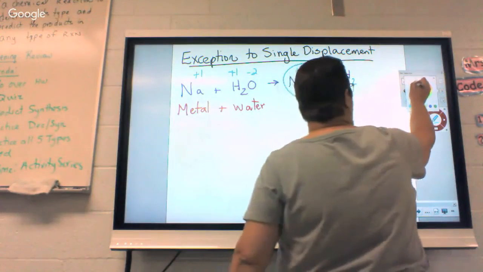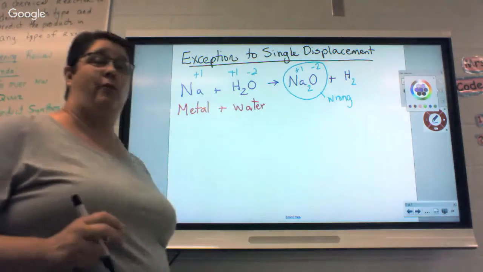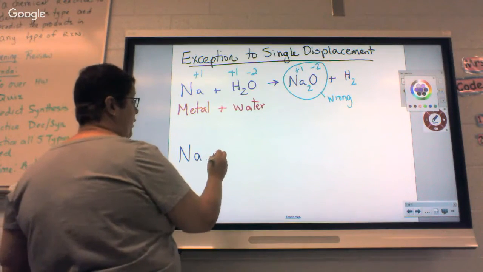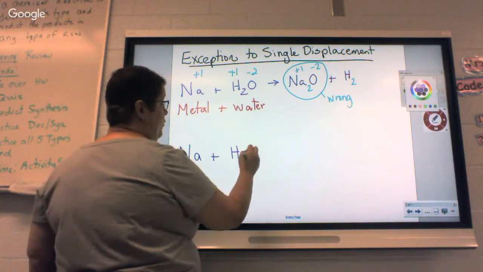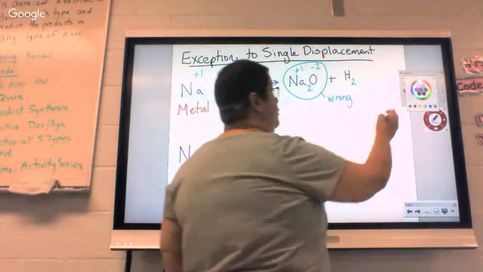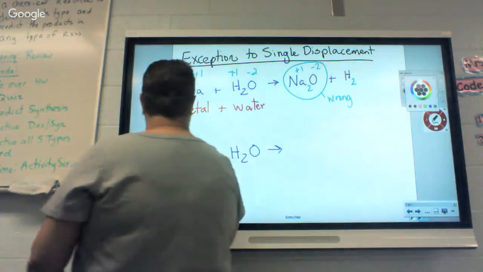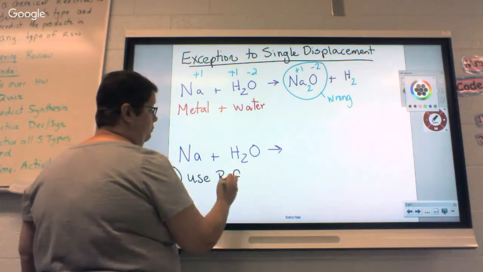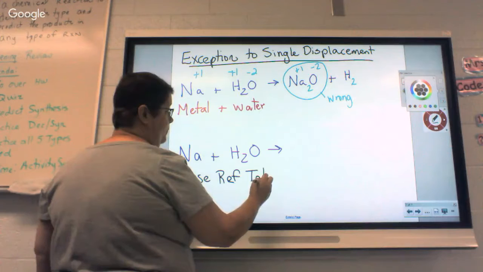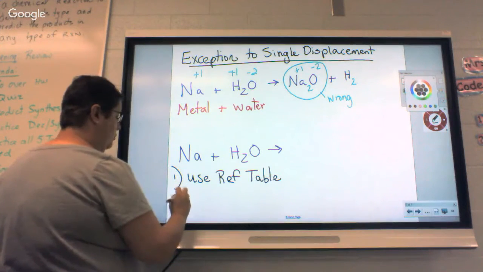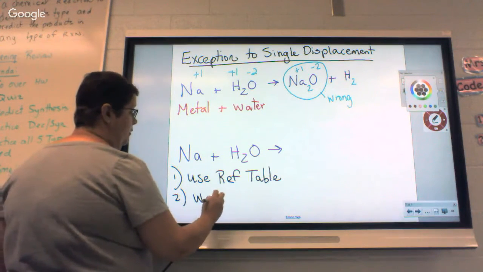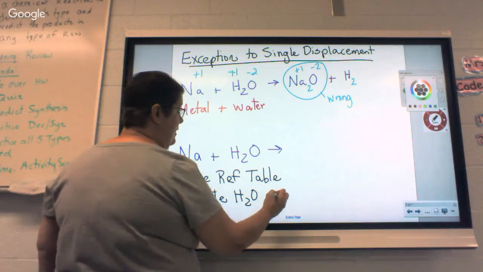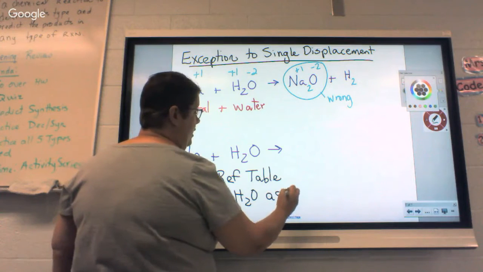So how can you fix it so you get the right compound? Okay, there's 2 ways you can do it. All right, so if you have this, you can either use the reference table, or you can write H2O as OH.